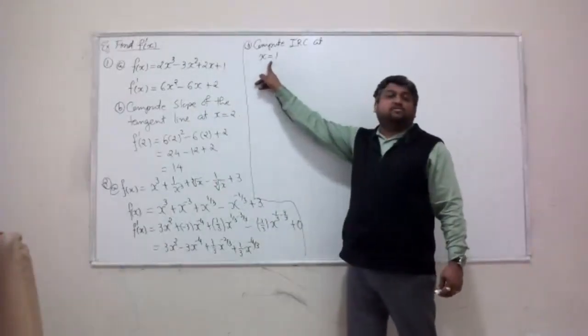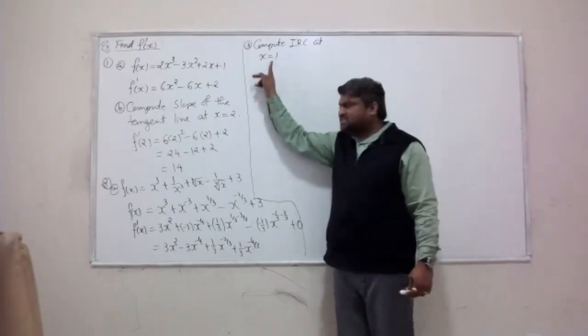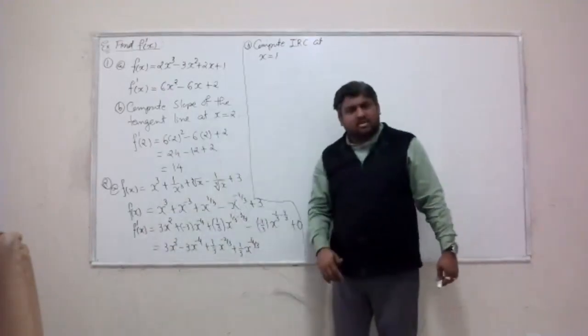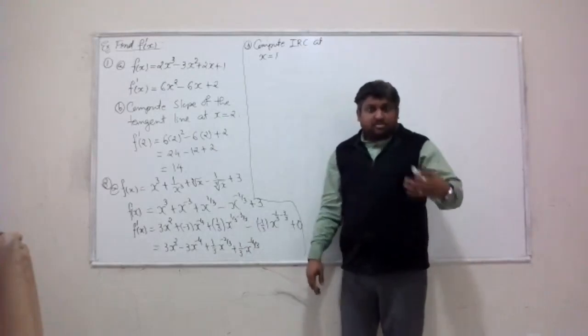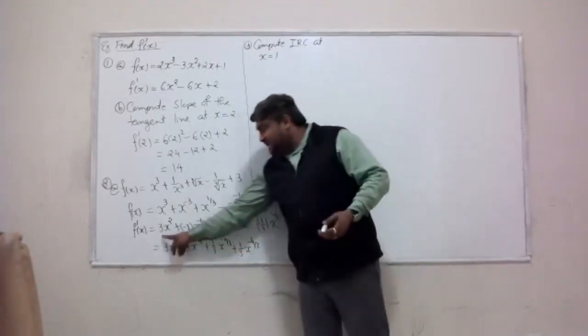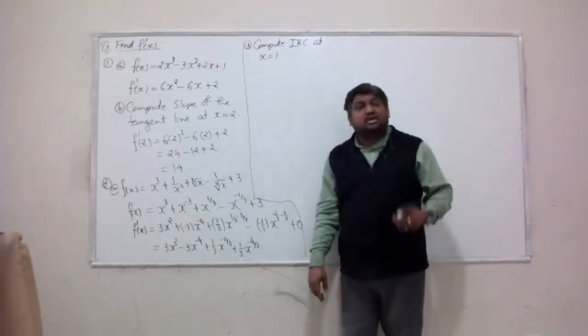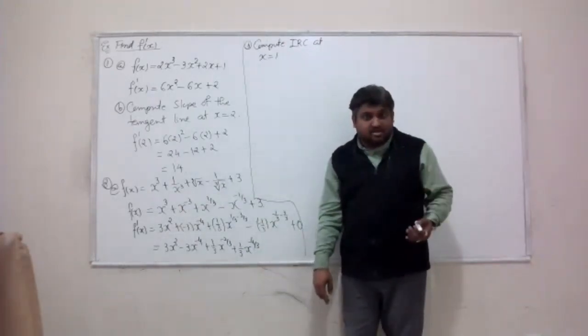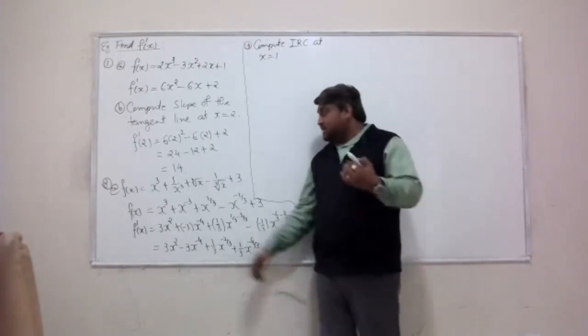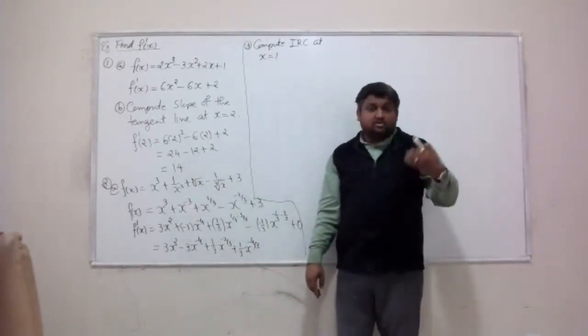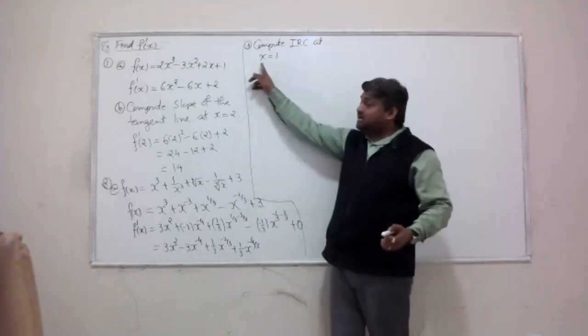Remember, the instantaneous rate of change at x equal to 1 is the same as evaluating the derivative at x equal to 1. Computation of the derivative or instantaneous rate of change for this function using the limit definition is very, very tricky. All right, it involves some tedious computation. Do not use the limit definition here.